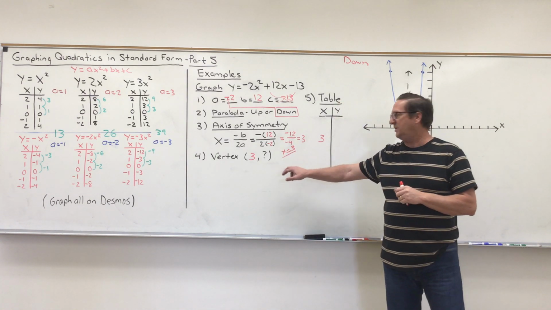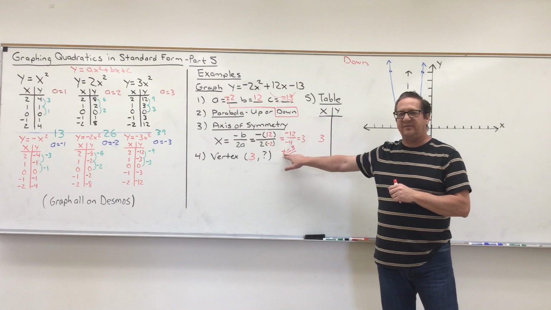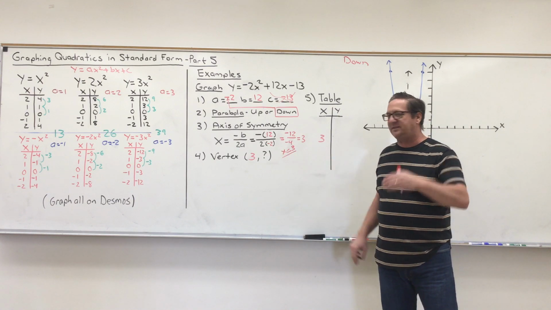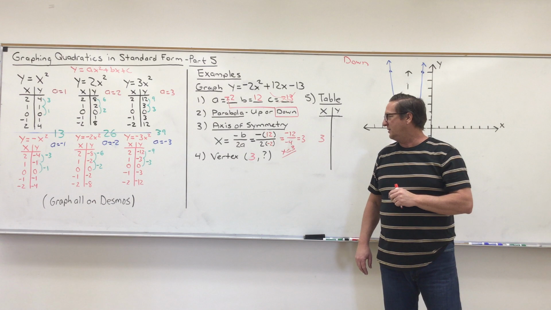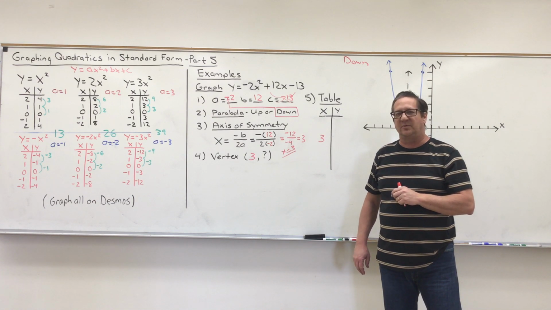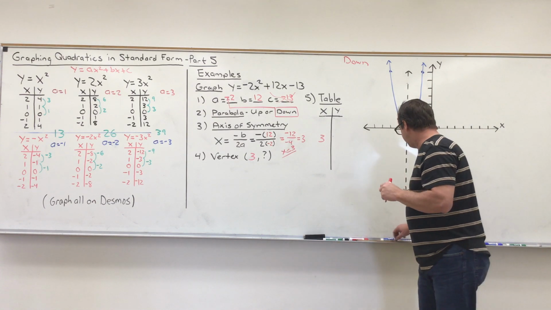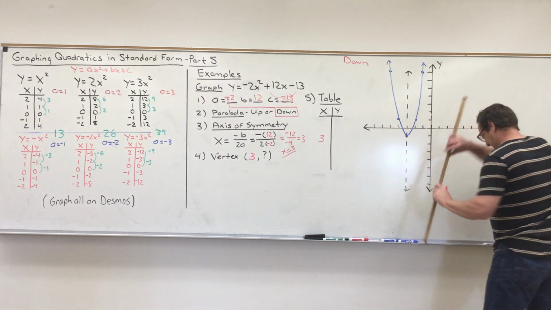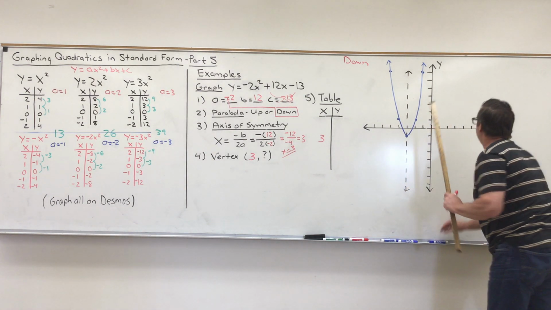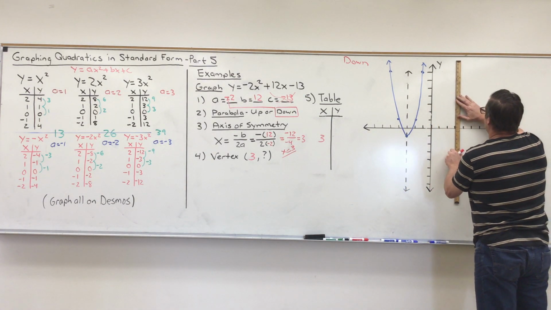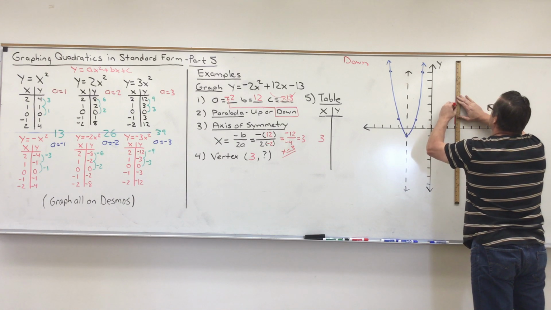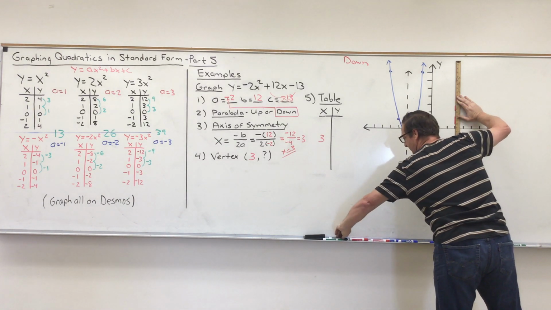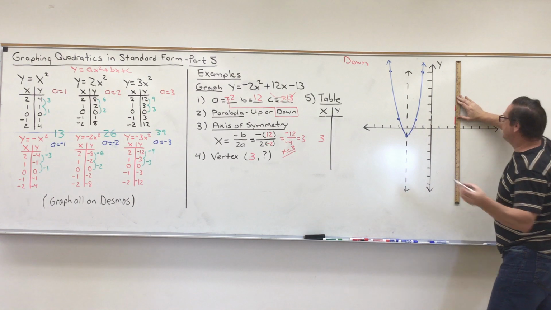Remember from integrated 1, if you have x by itself, x equals 3 is a vertical line that goes through 3, or where the x value is 3 all the way. So, I'm going to do my axis of symmetry.